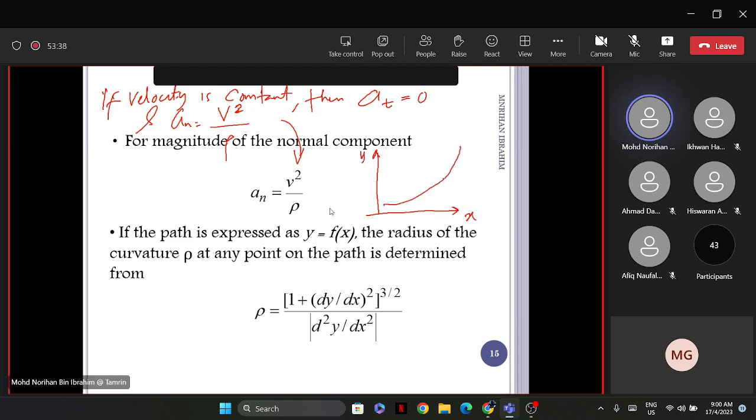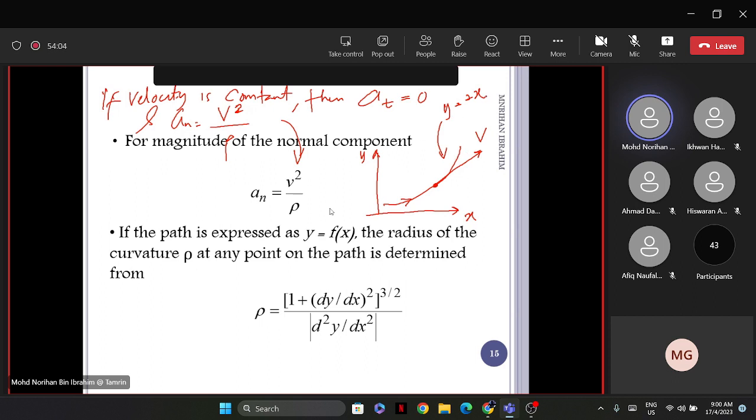Let's say we have this kind of situation, which moves according to this curvilinear path of motion. So ni adalah V. So ni adalah y is equal to, let's say, 2x, contoh lah 2x.